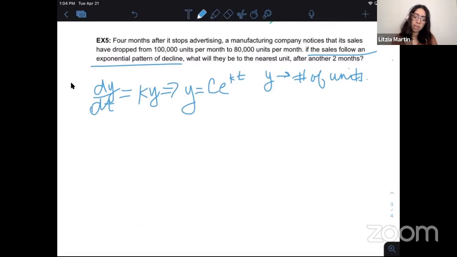To begin with, it says a manufacturing company notices that its sales have dropped from 100,000 units per month to 80,000 units per month. So this means that when time was 0, it started with 100,000 units, right? After 4 months is when it dropped to 80,000 units per month.